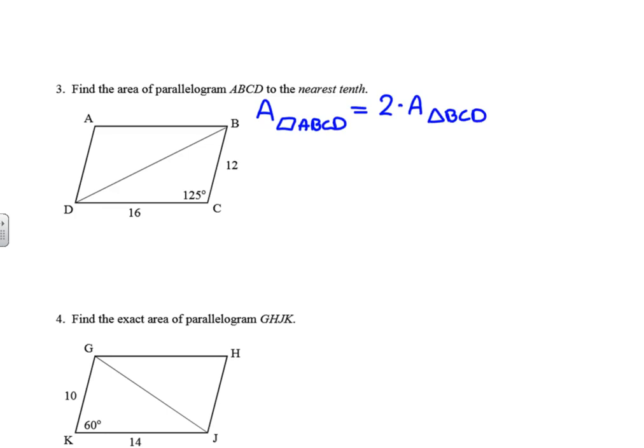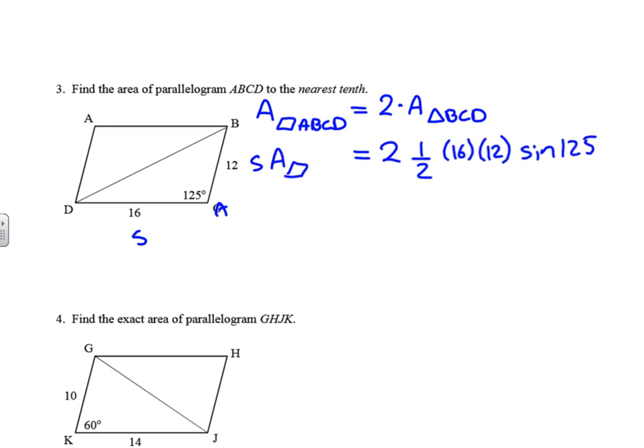If we find the area of this triangle and double it, that gives us the area of the whole thing. This is our side, angle, side setup, so 2 times 1/2 times 16 times 12 times the sine of 125 degrees.